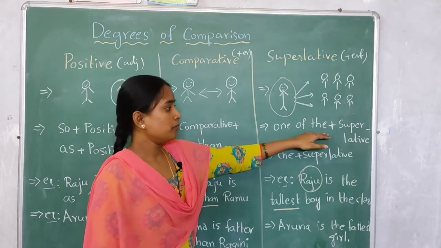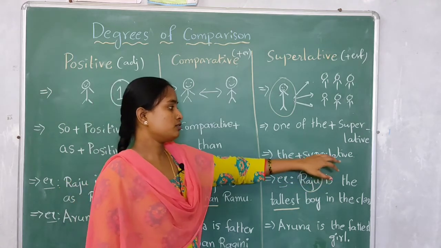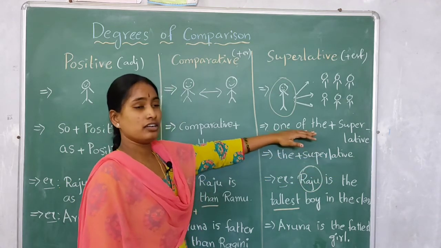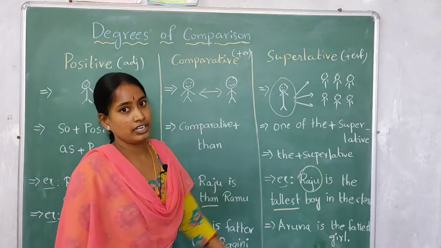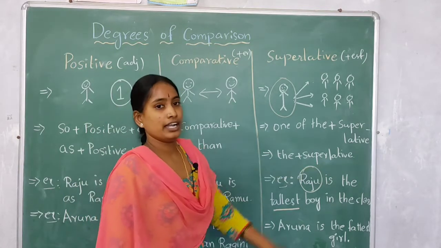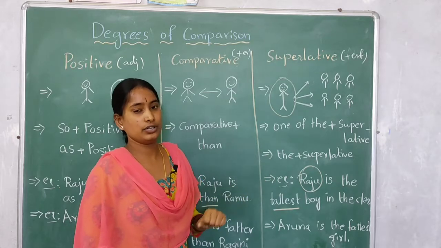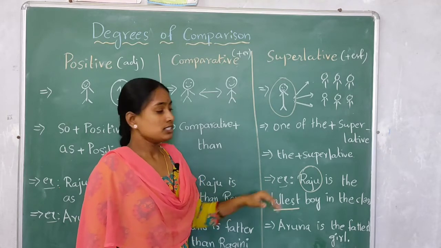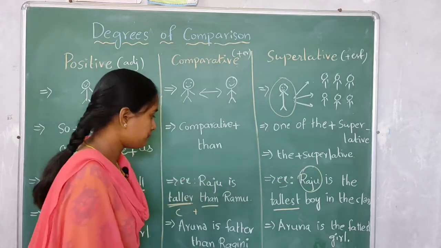One of the plus superlative, and also the plus superlative. So Hyderabad is one of the largest cities in the country. Next, the plus superlative. So what is superlative? We should add est to the adjective, right? So the tallest. Raju is the tallest boy.